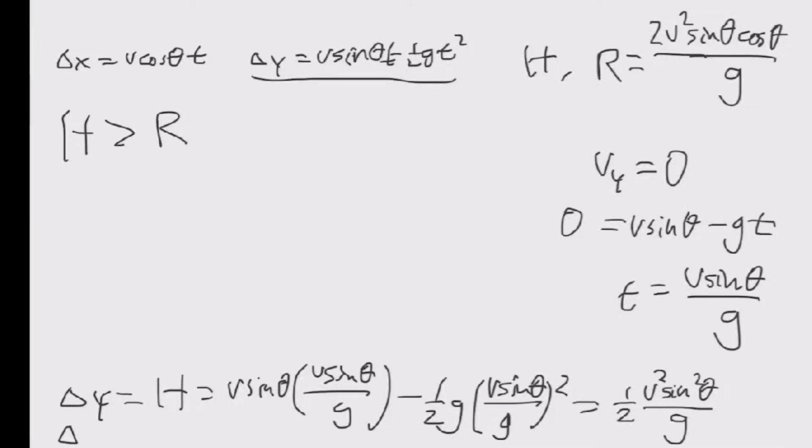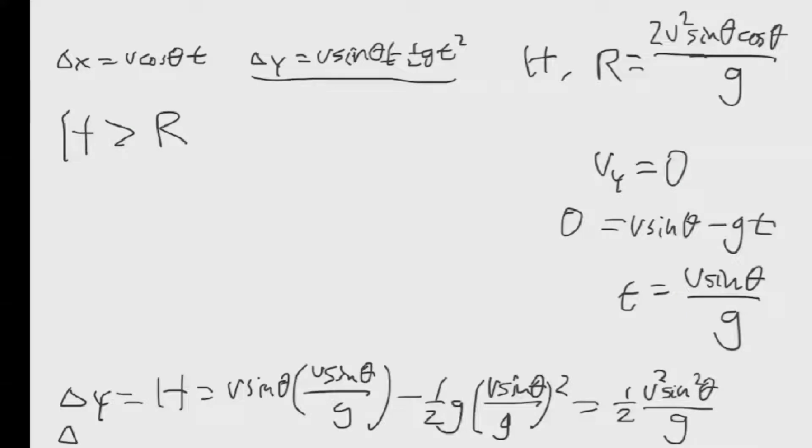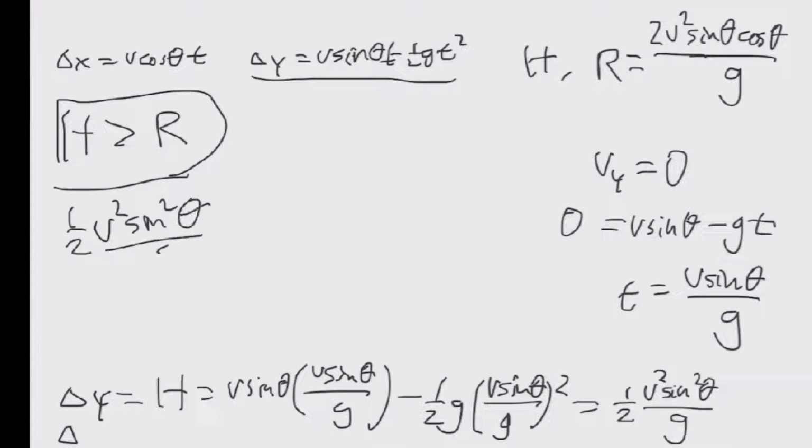If we go back to the problem, it says that we want it to rise to a height which is larger than the horizontal distance that it'll travel when it returns to the ground. So that's basically saying that h is greater than r. Now we know our h, it's 1/2 v squared sine squared theta over g.